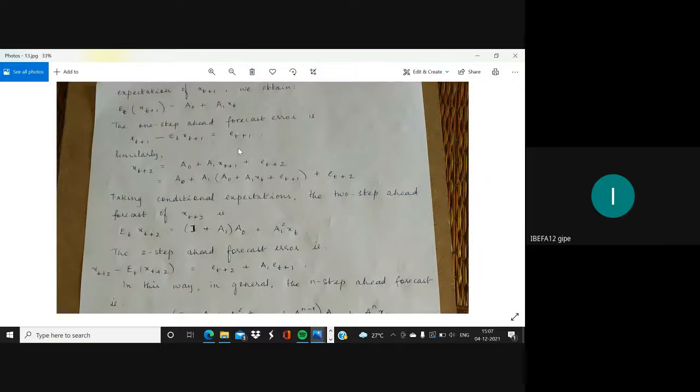Okay, so if you take the expectation of xt plus 1, we obtain this. The one step ahead forecast error will be this term here. Similarly, you can forecast 2 periods ahead and so on. So this will give you the 2 step ahead forecast.